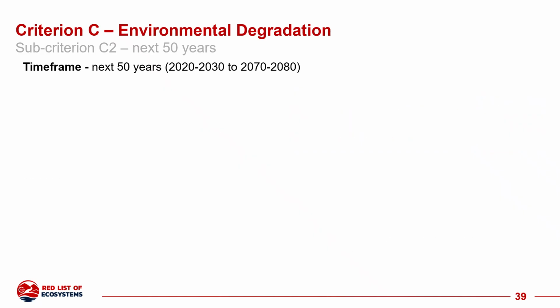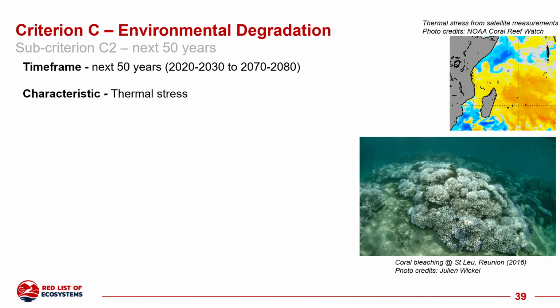Following the Western Indian Ocean assessment, each region will assess Sub-criterion C2, which evaluates the projected degradation of abiotic conditions over the next 50 years. For coral reefs, the main threat affecting their persistence into the future is ocean warming, which causes widespread and severe coral bleaching and mortality.